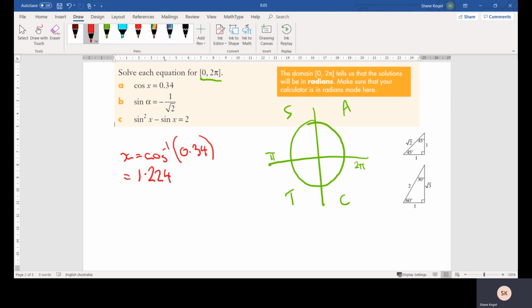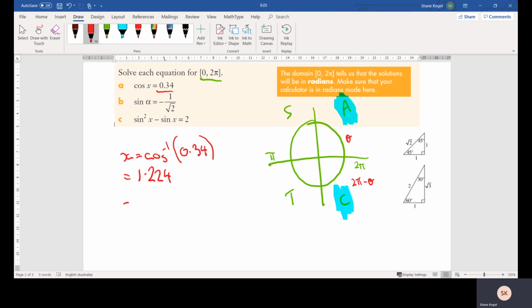So here, my decimal was positive, meaning that cos must be positive. So we're dealing with these two quadrants here. This is just my angle, and this one is 2 pi take my angle.